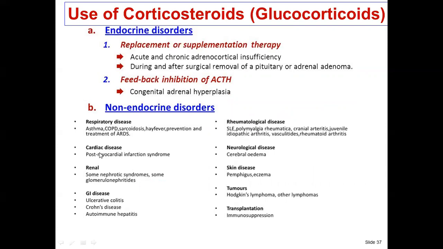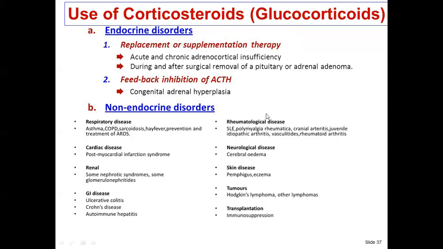Cardiac disease, post-myocardial infarction, or renal, some nephrotic syndrome like glomerulonephritis. Glomerulonephritis is one of the important causes of renal failure, and steroid is the drug of choice. Some gastrointestinal diseases like ulcerative colitis, Crohn's disease, or autoimmune hepatitis.